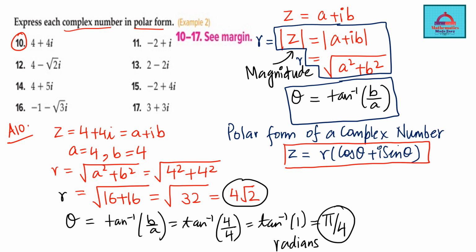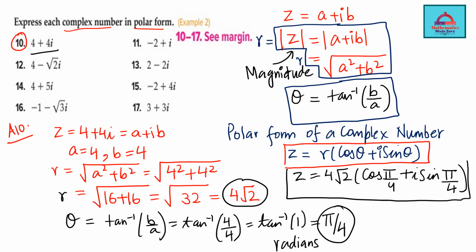So we have r, we have theta. So what will be the polar form of this question? It will be z equal to 4 square root of 2 times cos pi by 4 plus i sin pi by 4. So this is how you get your answer.